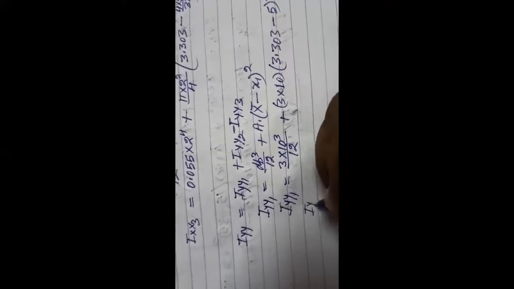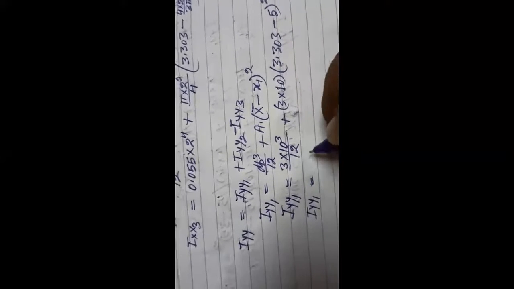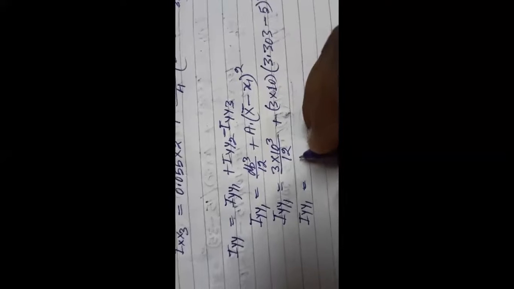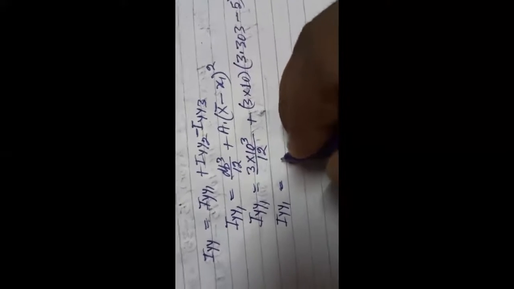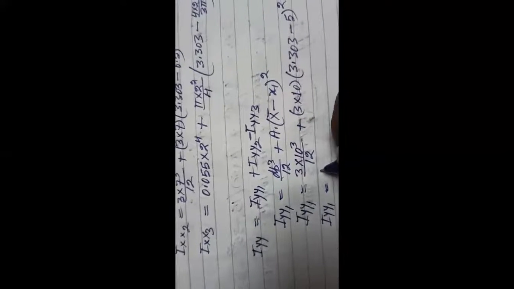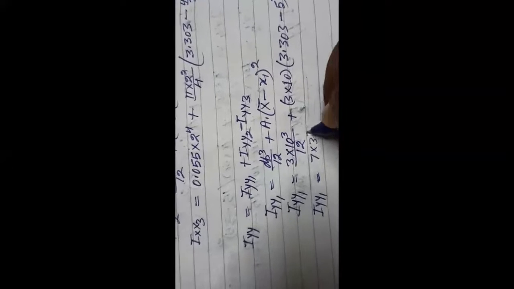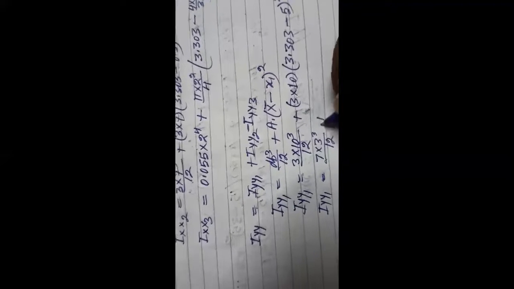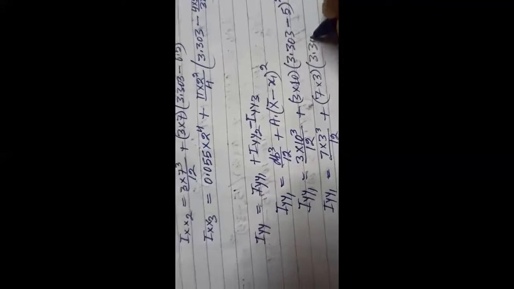Now Iyy2 is equal to 7 into 3 cube divided by 12 plus 7 into 3, and this is 3.303 minus x2. x2 is 1.5, so this is whole square.